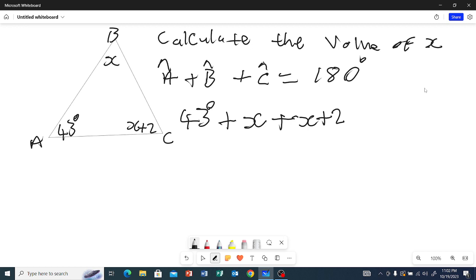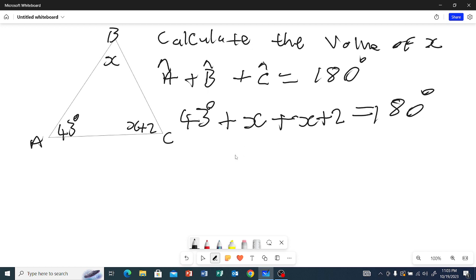Now what you do, you must group the like terms. x and x are the same. So on this statement, how many x's do we have? We have two x's. So you write down 2 times x.